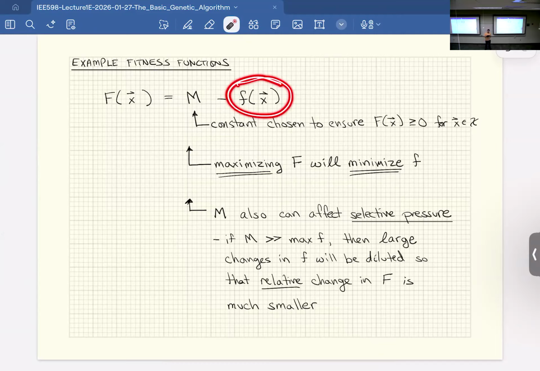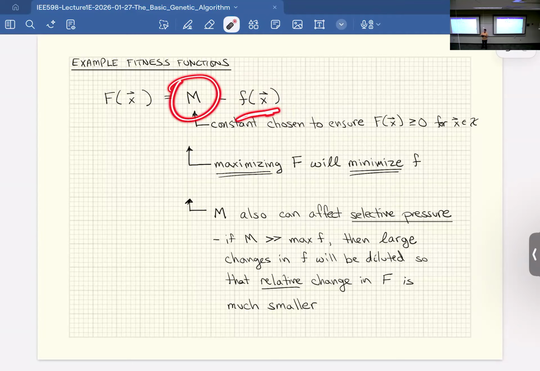Then I just need to choose a big M that is 10 or higher. If I choose it to be exactly 10, then in the worst case scenario, my fitness is 0. In the best case scenario, my fitness is 10. Or whatever the other bound is on the other side of this little f. But the point is, if the biggest this can get is 10, I can set this equal to 10.